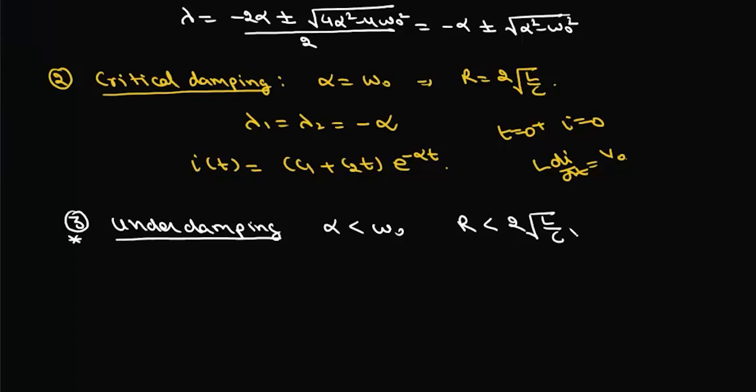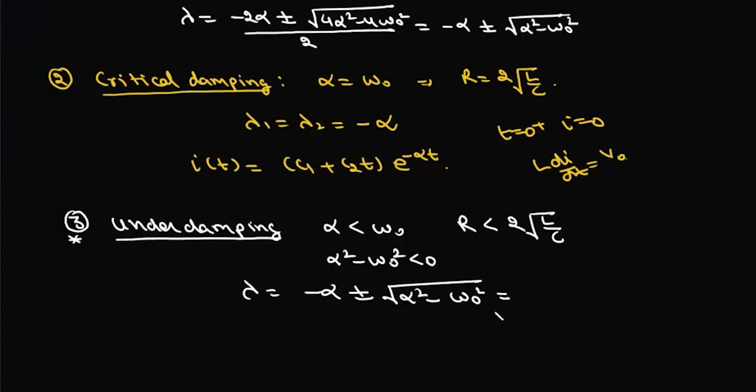Now in this underdamping case, we know that alpha square minus omega naught square is less than 0. Now roots of this equation are lambda equals minus alpha plus minus under root of alpha square minus omega naught square.